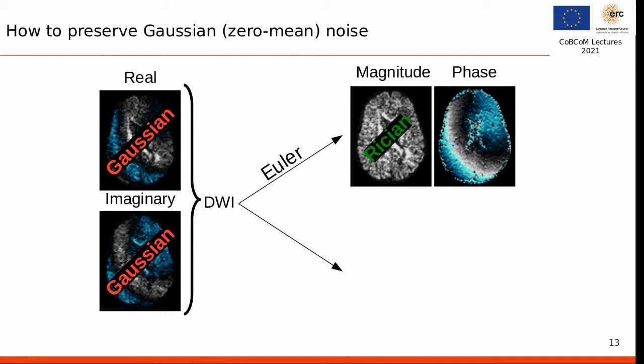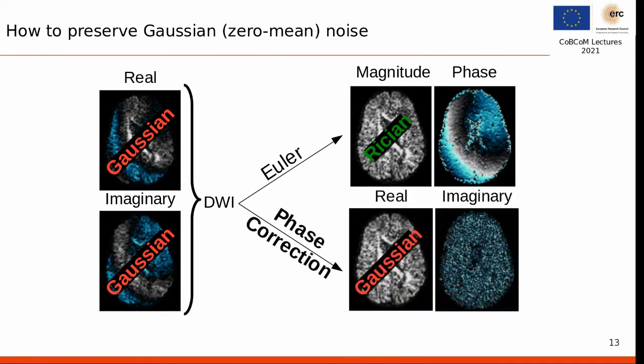What we could do instead is to perform a phase correction, where we will end up having a new pair of real and imaginary images, where now the real image contains all the tissue contrast, whereas the imaginary image only contains noise. And now we need to remember that in this case, we will have still preserved the Gaussian distribution of the noise.